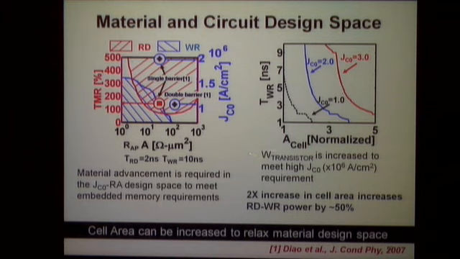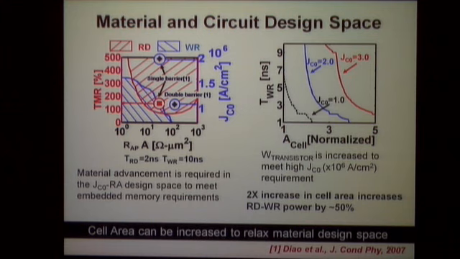Finally, if I take the read and the write together and plot it together, we can have a typical plot where we can plot the TMR, the RA product, and the JC. And we see that there are certain devices. So the blue area and the red areas are the ones where we need to be in order for us to have both successful reads and writes.